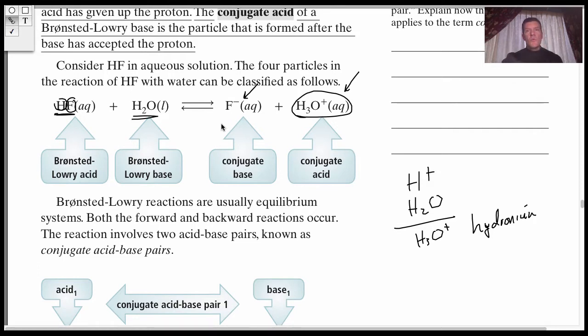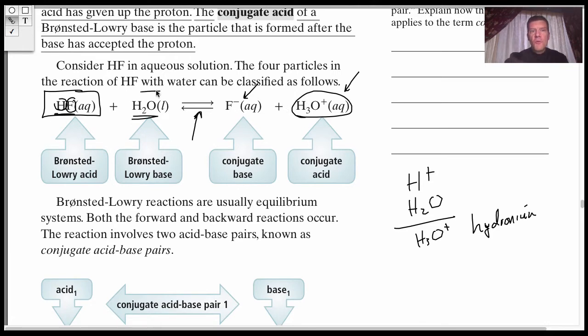Now, what I'd like you to notice is that this is a reversible reaction. It's going both directions. And if you remember, that double arrow is indicating that HF is a weak acid, meaning it will dissociate but not completely.